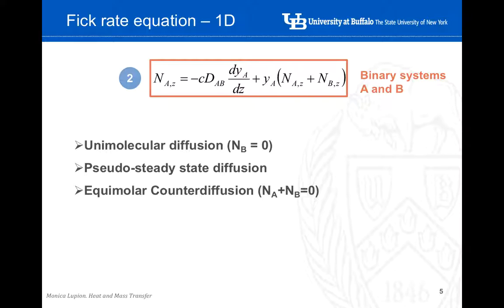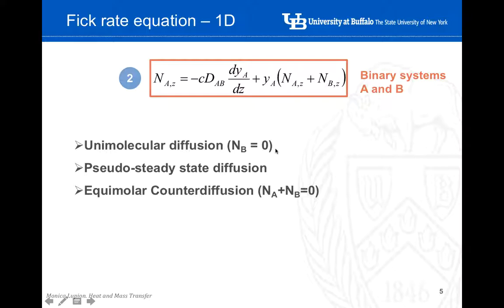As I mentioned, we're going to apply the general equation of mass transfer and also the Fick rate equation. If you remember from previous lectures, this is the equation of the Fick rate when there is a binary system with elements A and B.